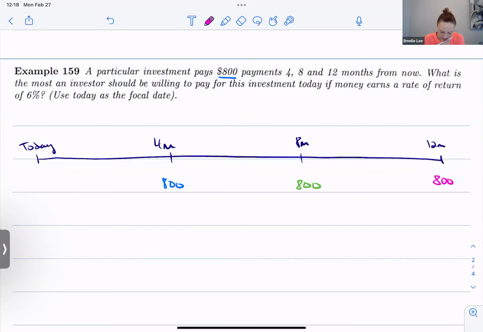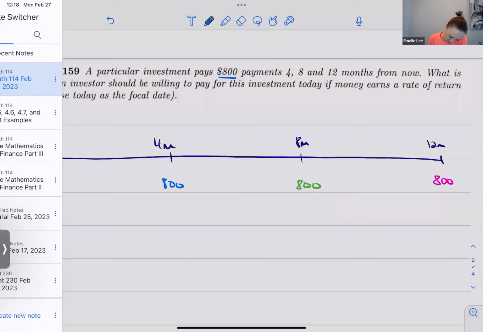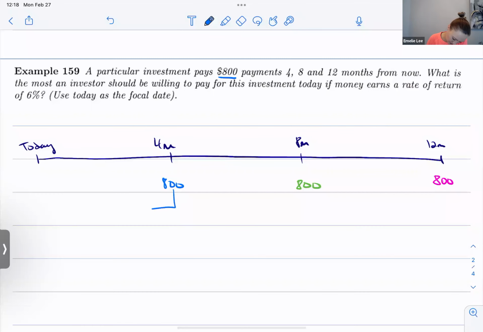So we want to know, what's the most an investor should be willing to pay for this investment? This $800, I can trace it back to some present value.